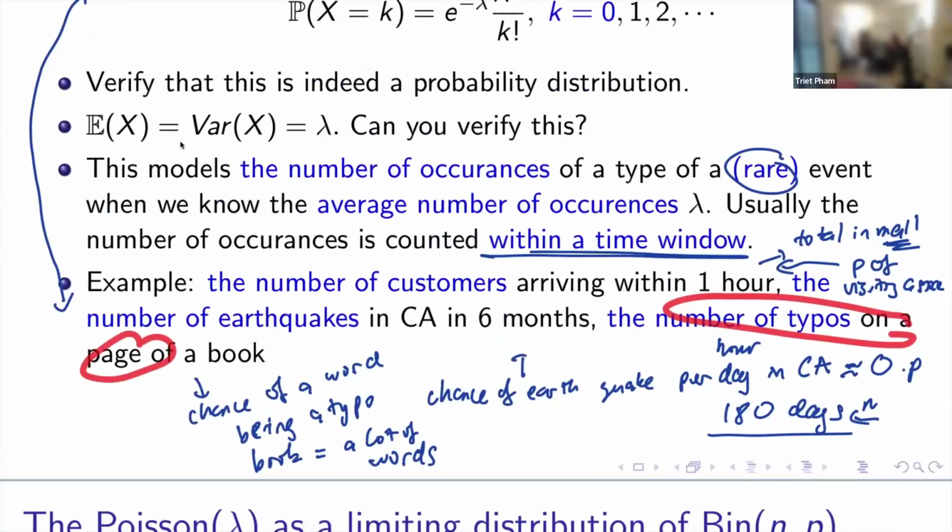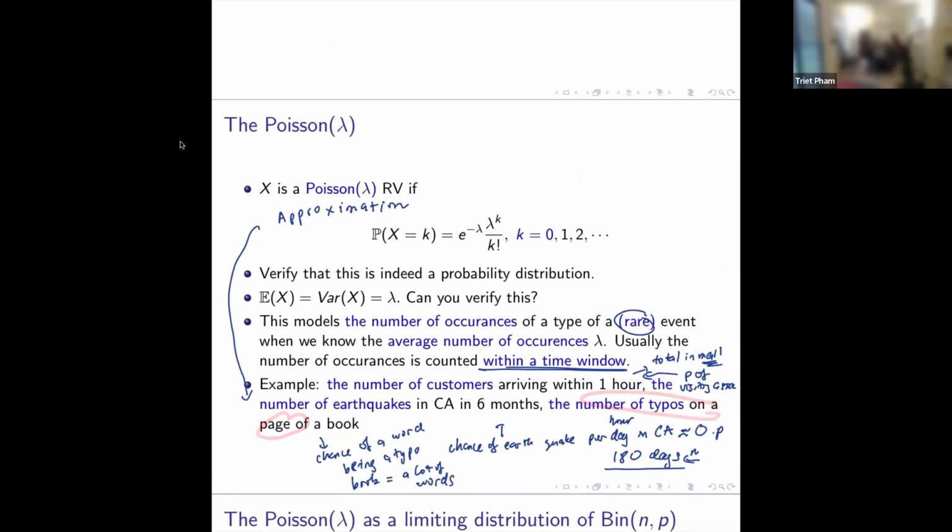What's going on there is that the Poisson has a flexible scaling behavior due to this time window argument. For example, say the number of earthquakes in California in 6 months is a Poisson 2.